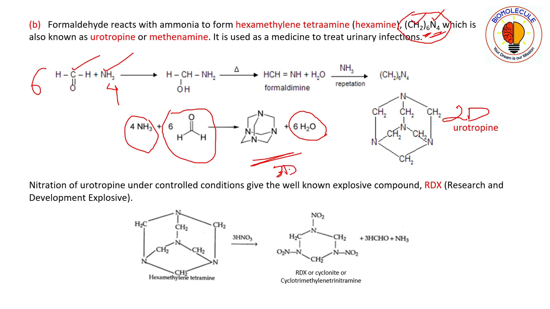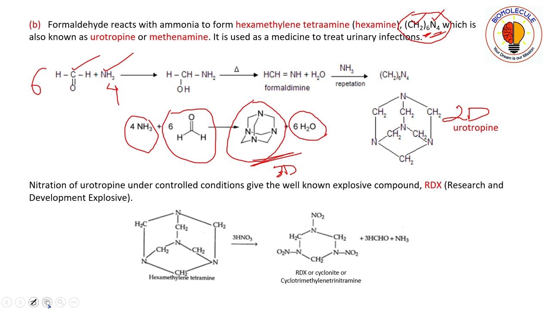Exactly not 3D, this one was also like 2D, but it shows the proper orientation of the bonds. I mean to say that the geometry of the molecule is shown here. This is the actual structure of urotropin.